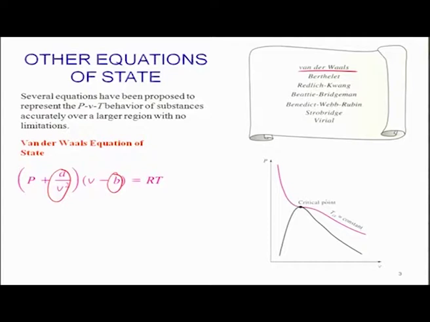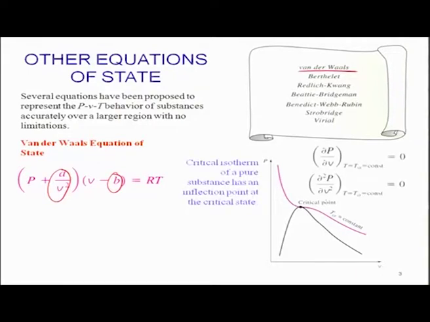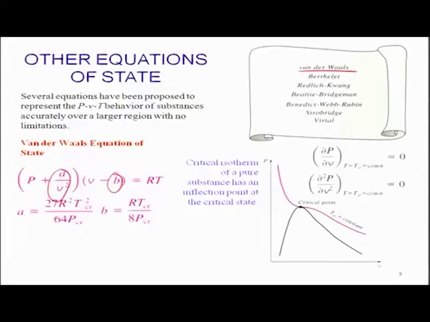Thus, the critical temperature and pressure can be used to evaluate the constants A and B. Using these two equations for the critical isotherm, we can obtain the values of A and B. If you know the critical point of the substance, you can directly get A and B for a specific fluid or gas, and thus find the Van der Waals equation of state for that gas.